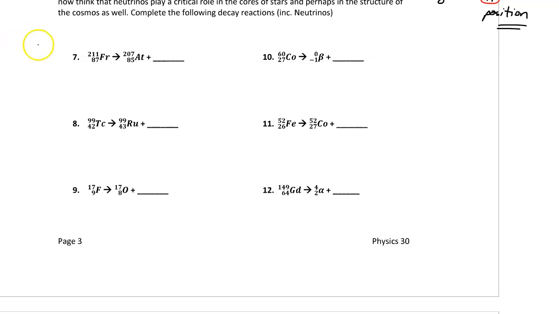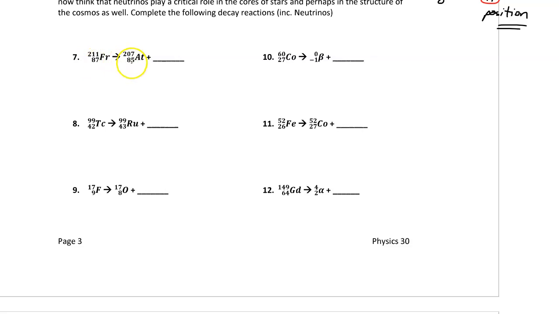So when we take a look at some of these examples here, completing the reactions, here we've got francium becoming astatine. AT is astatine, sorry. The charges need to balance.